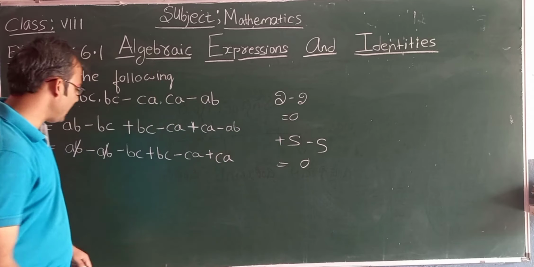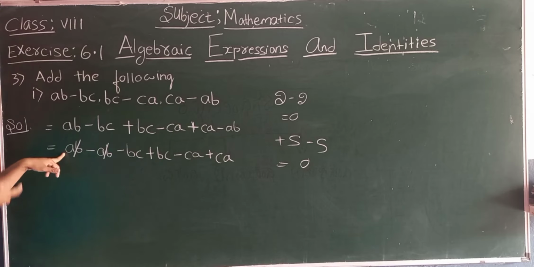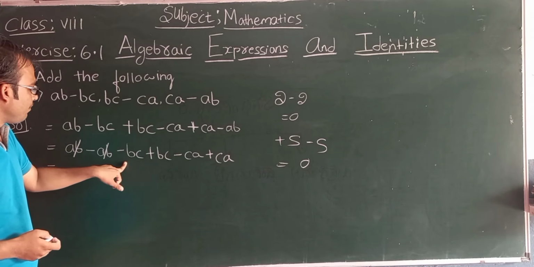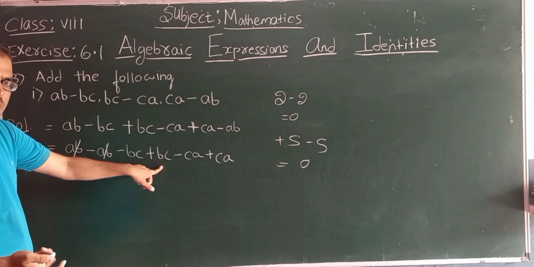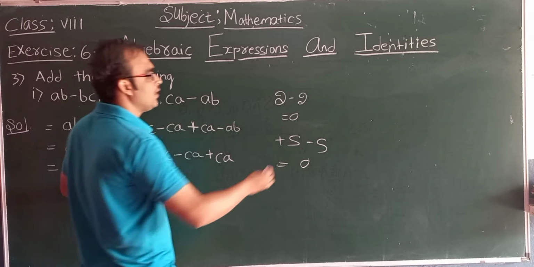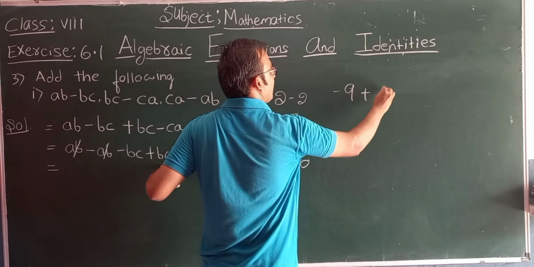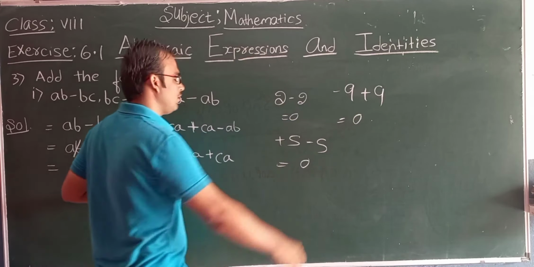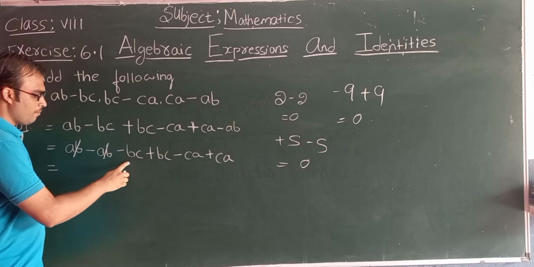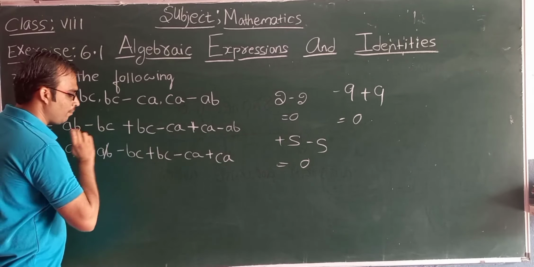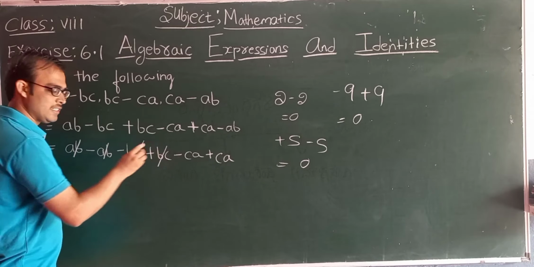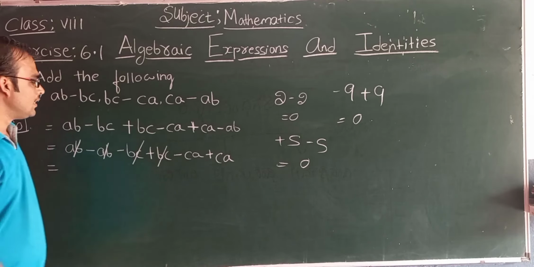In the same way plus AB minus AB is 0, and minus 9 plus 9 is 0. So minus BC and plus BC gets cancelled. It will become 0.